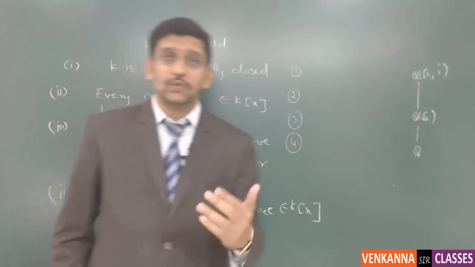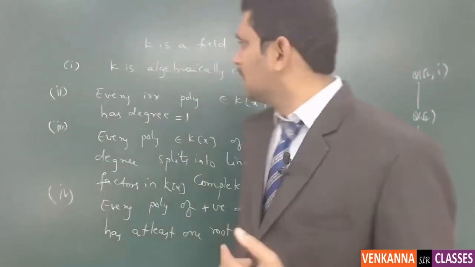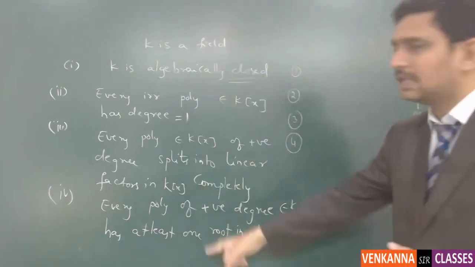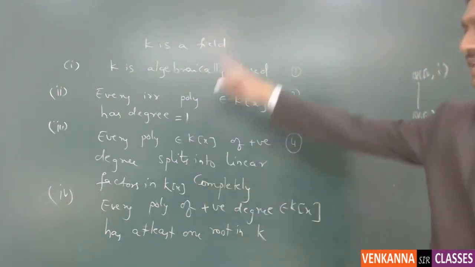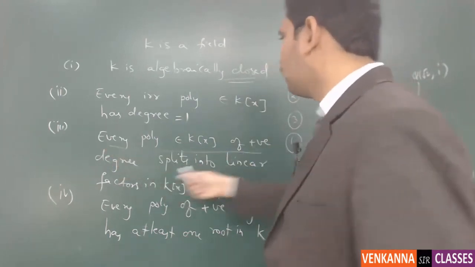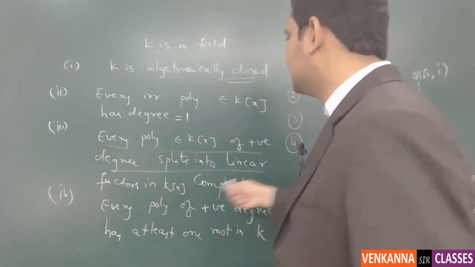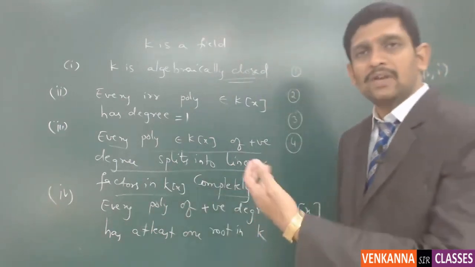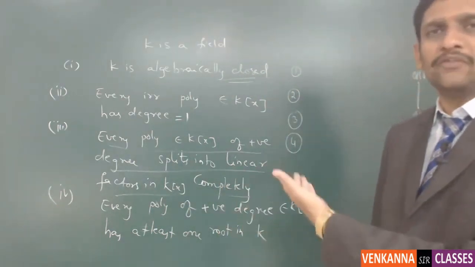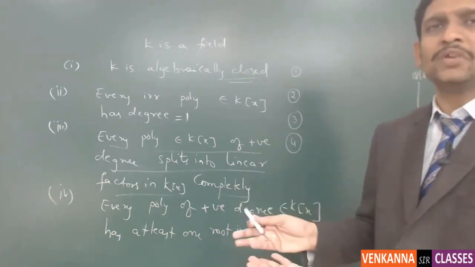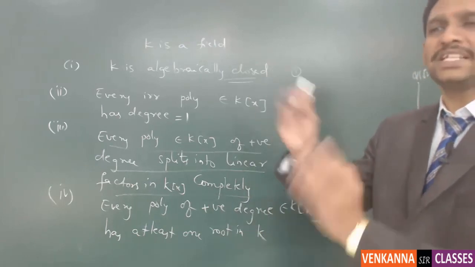In other words, from the very word algebraically closed, since the four conditions are equivalent, every polynomial of positive degree splits into linear factors itself. So whatever polynomial you take in the field, the factors are in it only. There is no need to search for the roots in the next set.